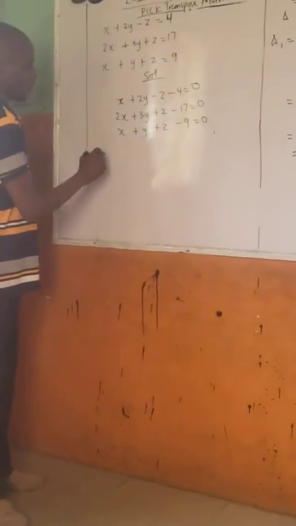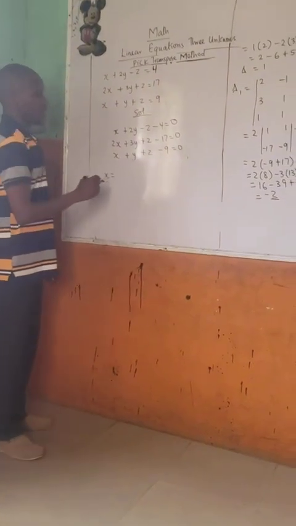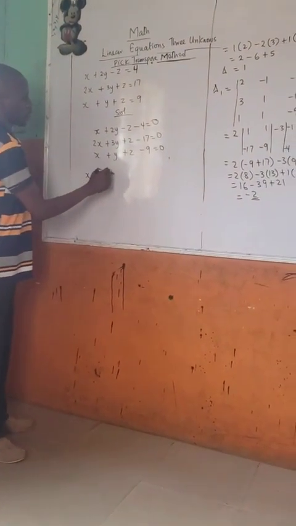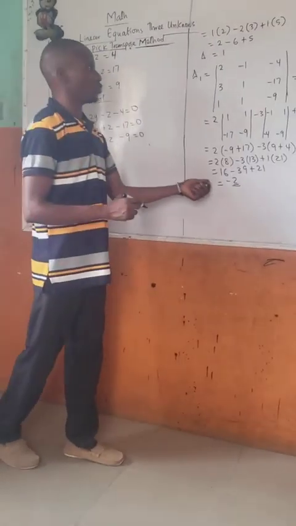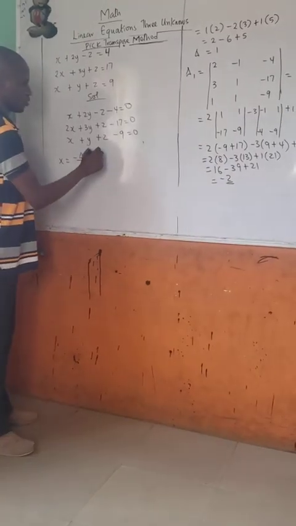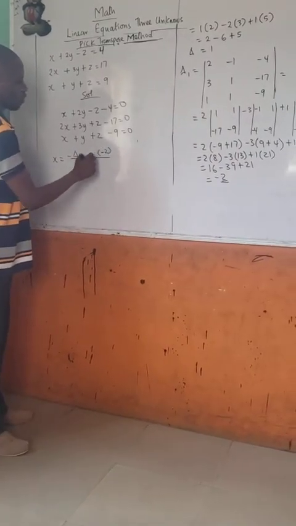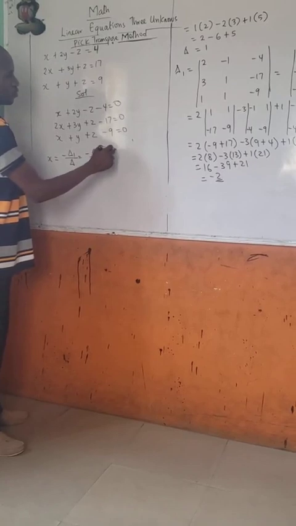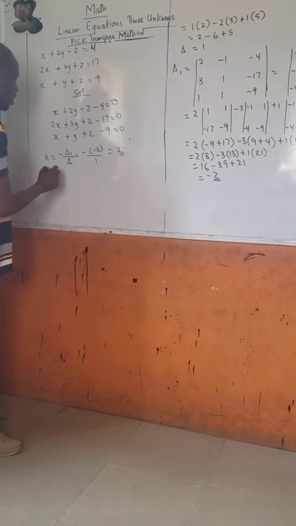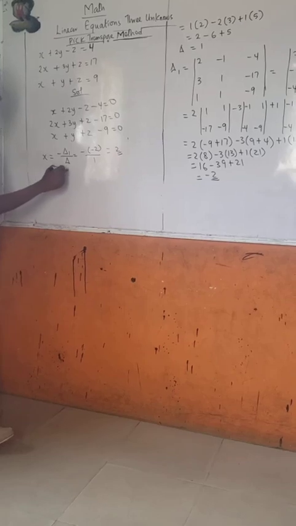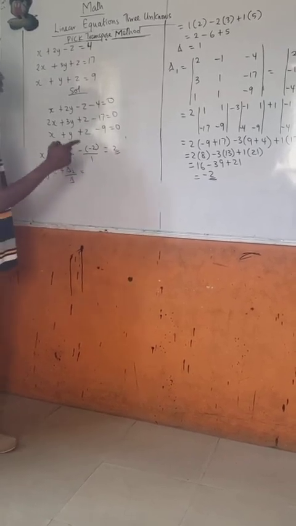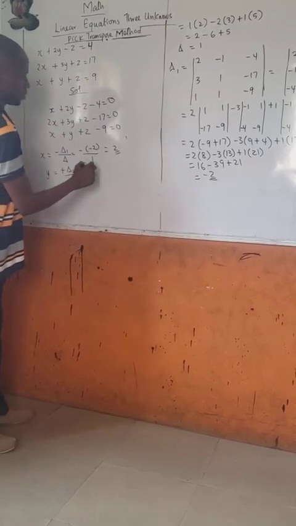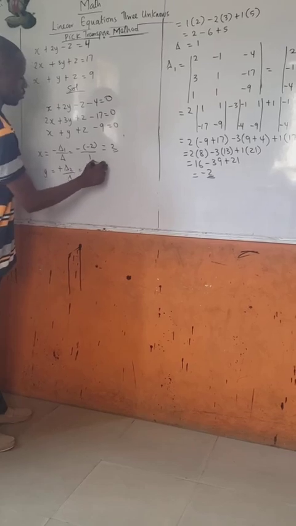Now for us to get our value of x, x is what? Minus delta 1 over delta. And what's our delta 1? Minus 2 over 1. And that will give us 2. Our y is plus delta 2 over delta, which is 3 over 1, which is 3.